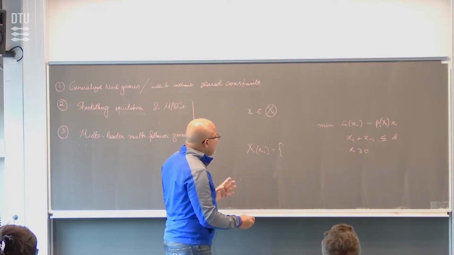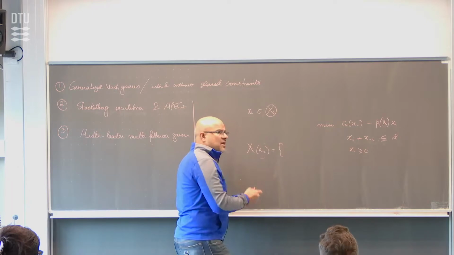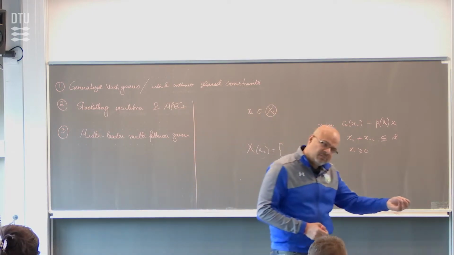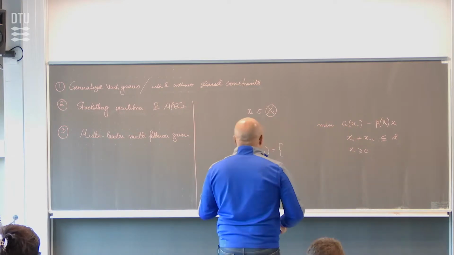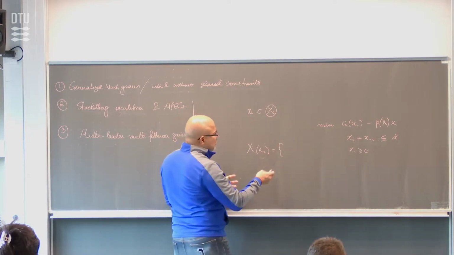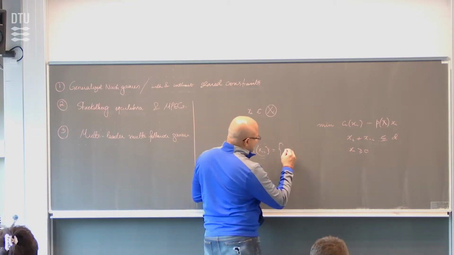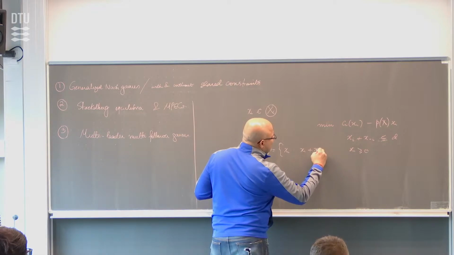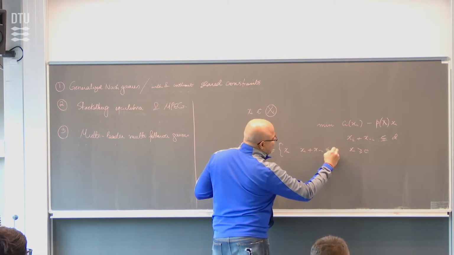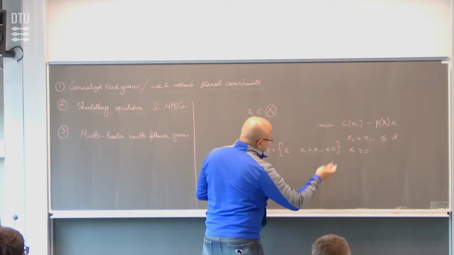On the other hand, X_i of x_{-i}, for every x_{-i}, it produces a new set. The image is a set, not a vector. Sorry, not a constant set, but a set that is dependent on the choice of x_{-i}. So it's the set of x_i such that x_i plus x_{-i} is less than d, or whatever it was.